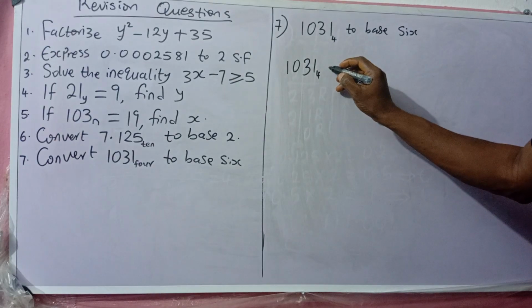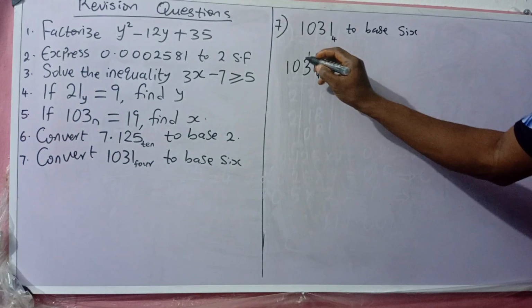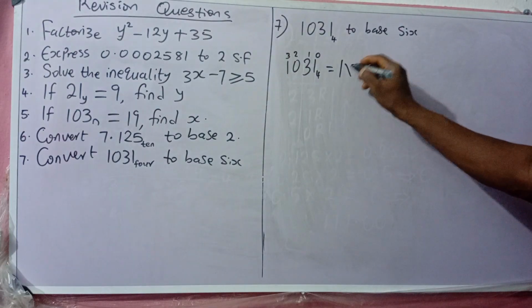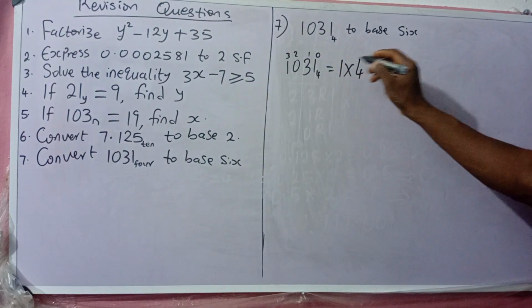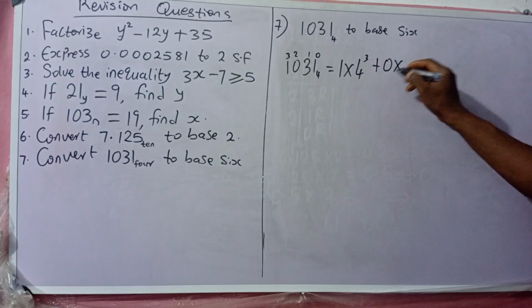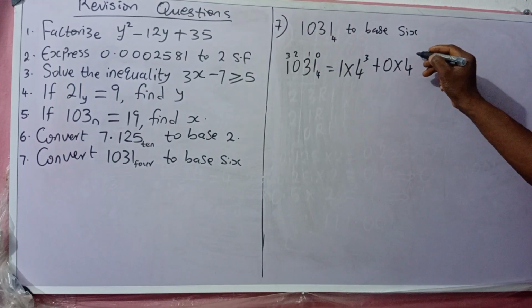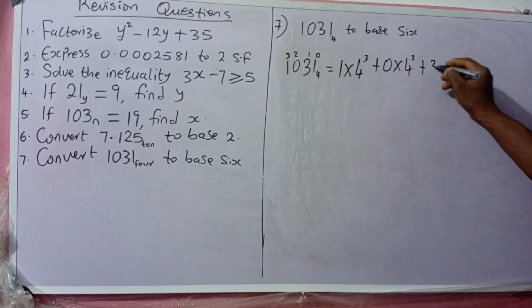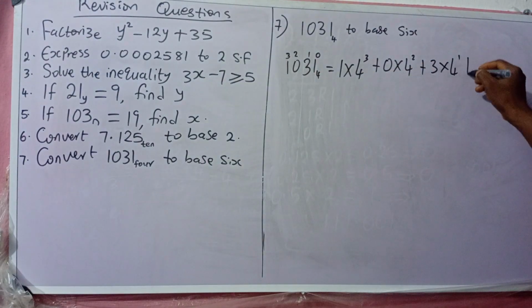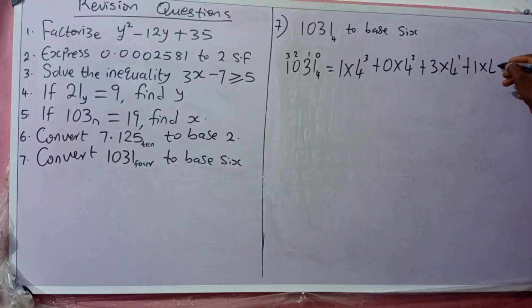1031 base 4 to base 10. The positions are 0, 1, 2, 3. So we pick it digit by digit. 1 multiplied by the base raised to power 3, plus the next digit 0 multiplied by the base, which is 4, raised to power 2, plus 3 multiplied by the base raised to power 1, plus 1 multiplied by the base raised to power 0.